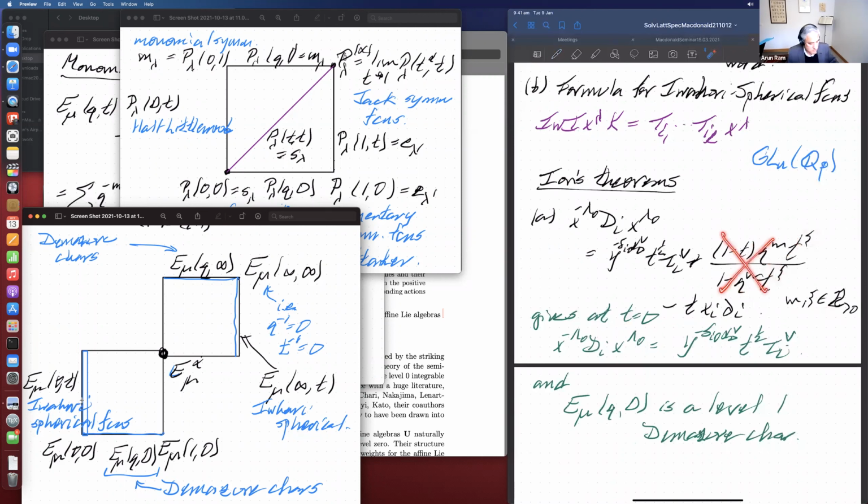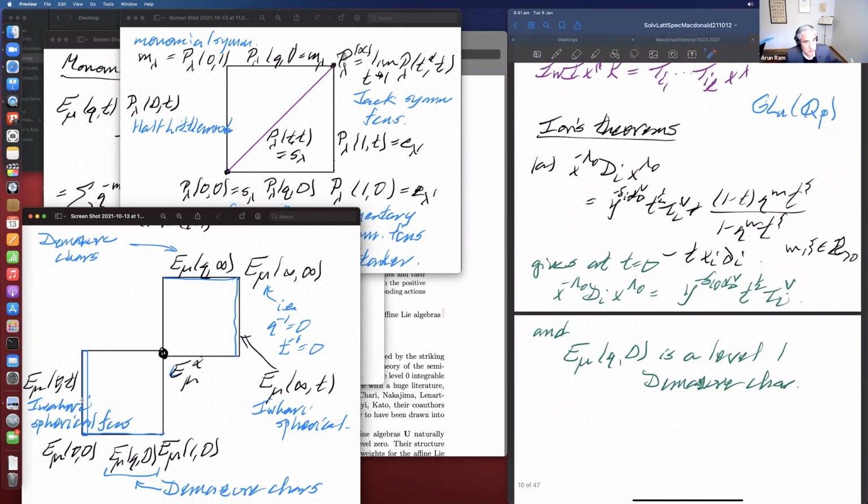This term disappears, this term disappears, and you get the specialization. So it's really very easy to specialize once you have the comparison formula. And the specialization tells you that E_mu is a level 1 Demazure character.